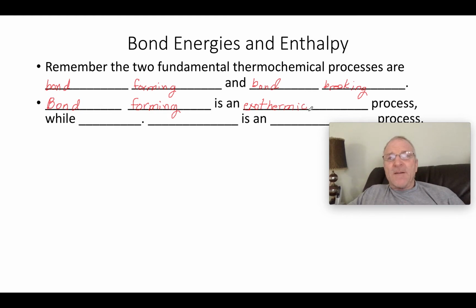Back in that little graphic with the atoms forming the bond, with potential energy versus distance between atoms, if there was not a lower potential energy when the bond was formed, the bond would not form. So bond forming is definitively an exothermic process, and that is, from that graphic, the difference in the potential energies of the free atoms versus the potential energies of the atoms in the bond. If that were not exothermic, the bond would not form.